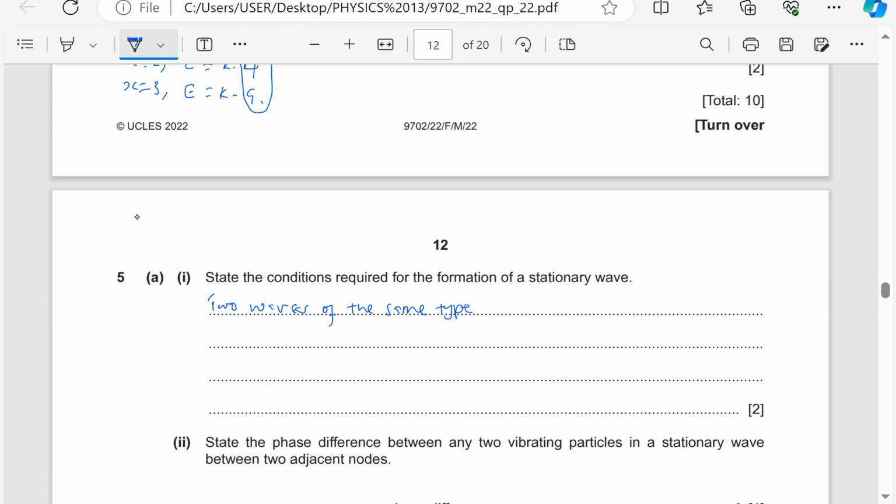Two waves of the same type having the same frequency or wavelength, traveling at the same speed in opposite directions.